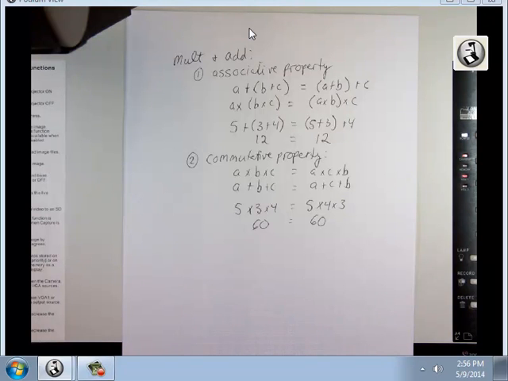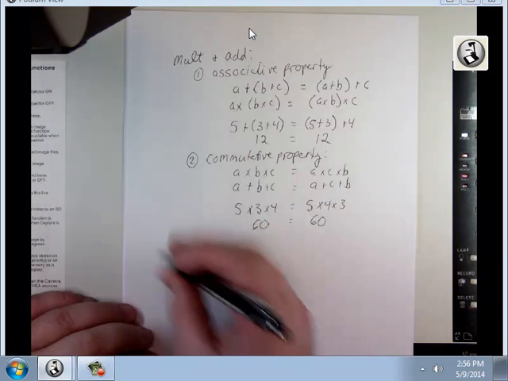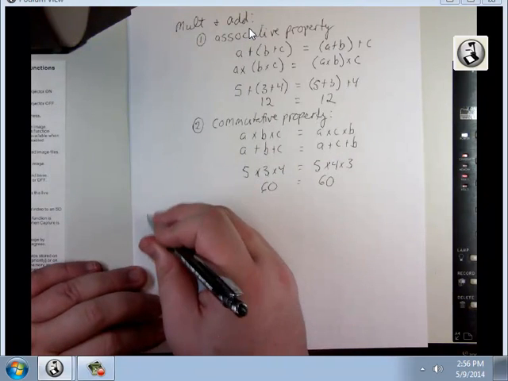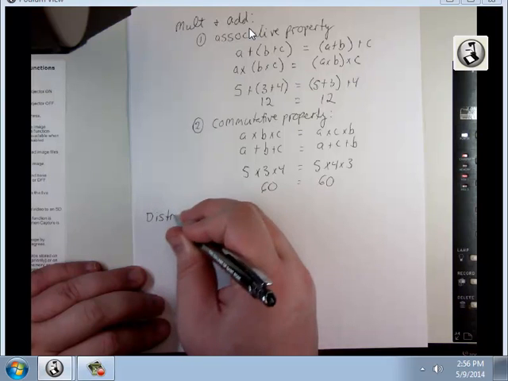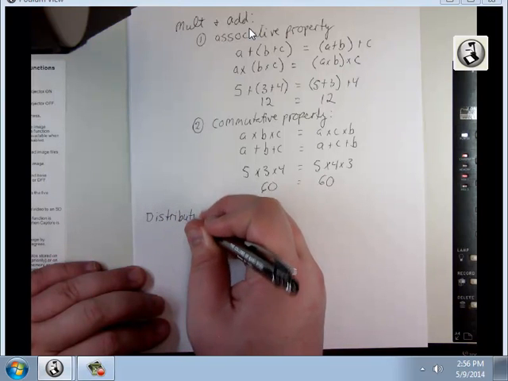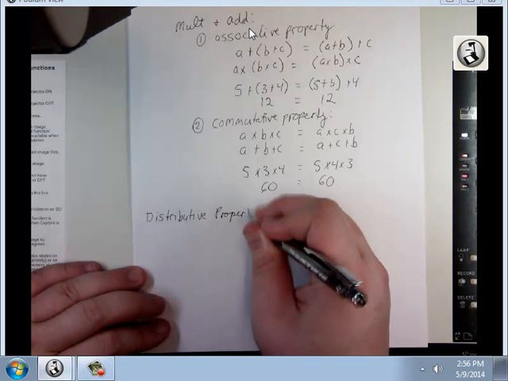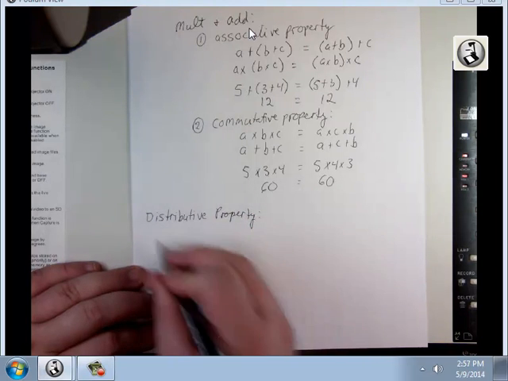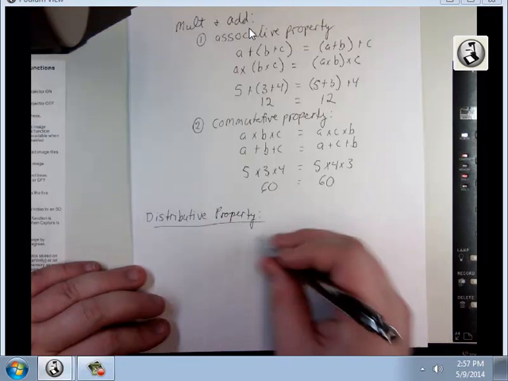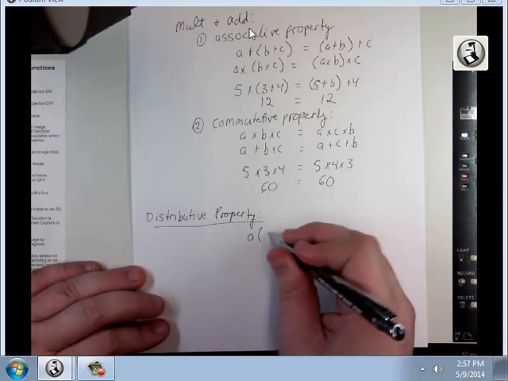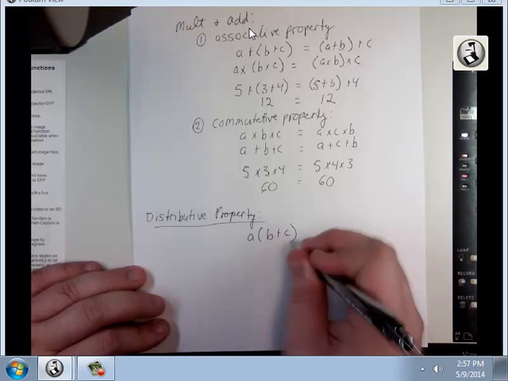The final property that we want to go over for order of operations is what's called the distributive property, which is this. I have a number standing outside of parentheses and something going on inside.